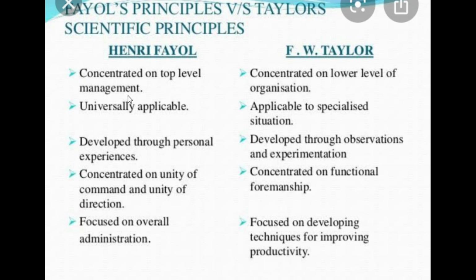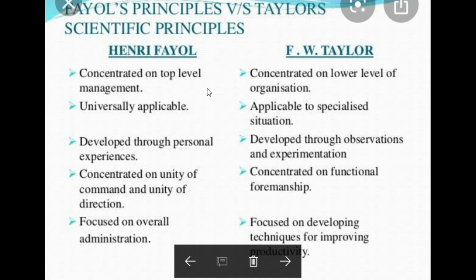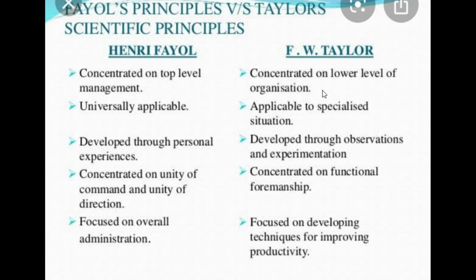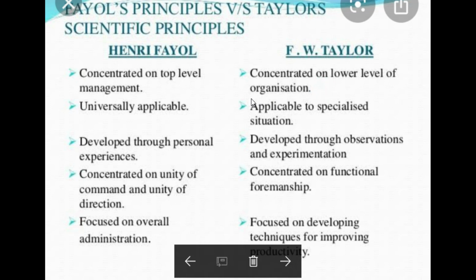All the 14 principles of management which we have gone through were mostly applicable at the managerial level. So he conducted his study at the managerial level, whereas Taylor concentrated on the lower level of the organization. He conducted his study mainly at the shop floor level on the workers who work at the factory.